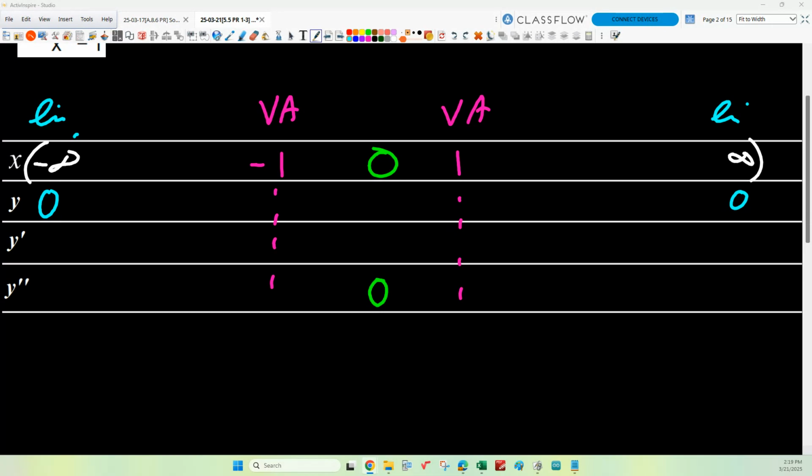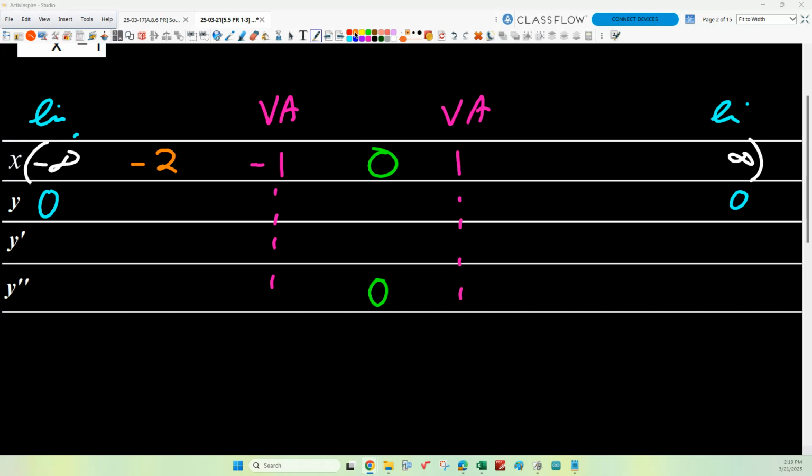Yeah, I just do a test point. Yeah, absolutely. So I'll pick a point like -2, for example. If I pick -2, what do I want to know? The sign of the second derivative. Okay, we could do second derivative. You could do either first or second derivative. You're going to find out that it's unambiguous. They're both going to tell you the same thing.